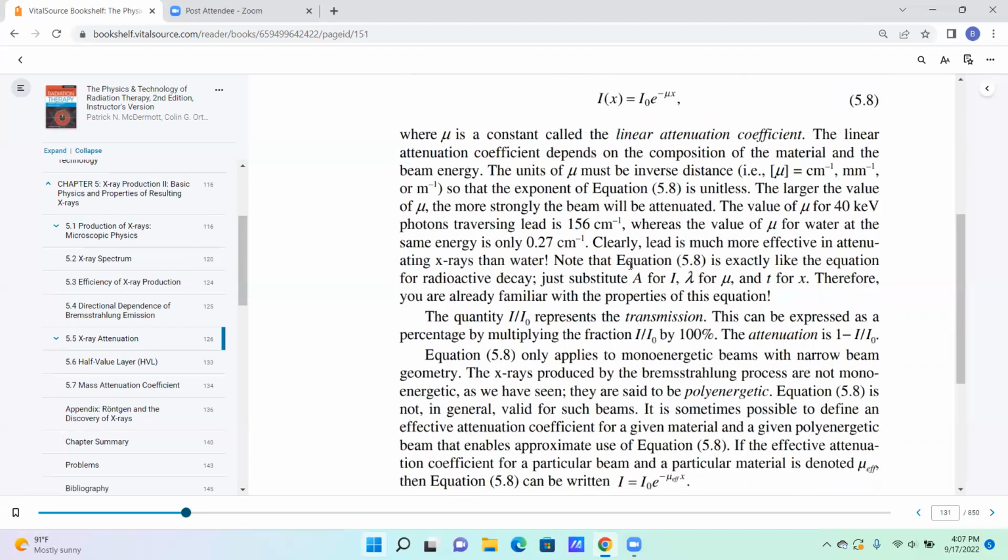The higher this coefficient is, the more effective the material is at attenuating or attempting to stop the beam. So you can see here lead is 156 per centimeter. That's its linear attenuation coefficient. For water, for that same energy, it is 0.27 per centimeter. So lead is far more effective at stopping these things.